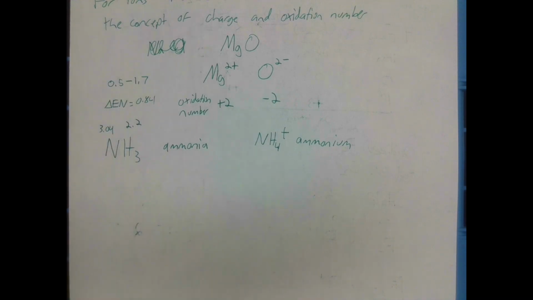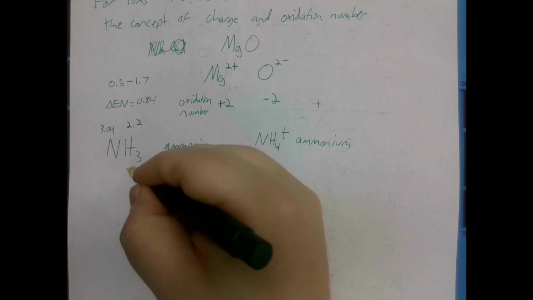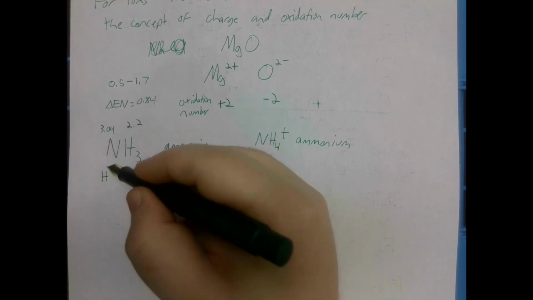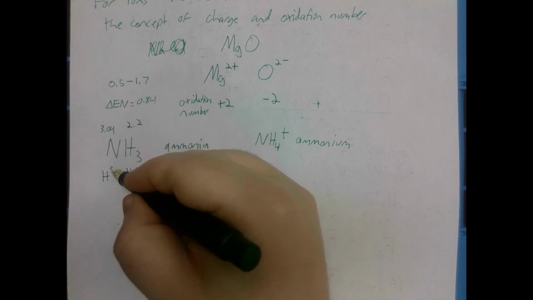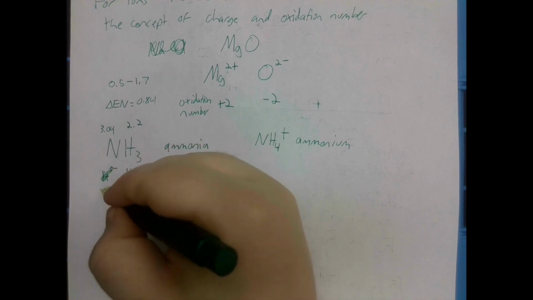So we can't strictly use charges to figure out what the oxidation state of nitrogen is. If you treat this as ions, you would see we have an H+. Nitrogen usually becomes 3 negative, right?